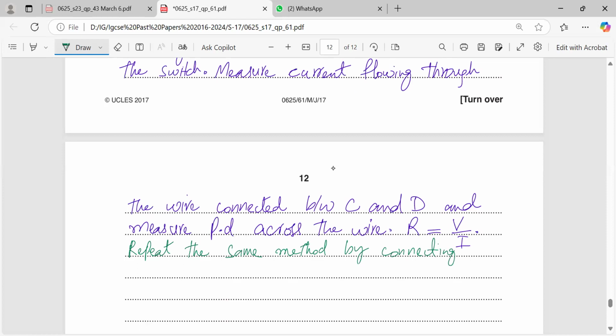The material of the wire. Repeat the same method by connecting wires of different materials between C and D. Now this is briefly the method to follow to collect the data.